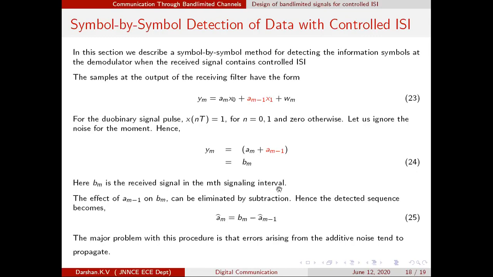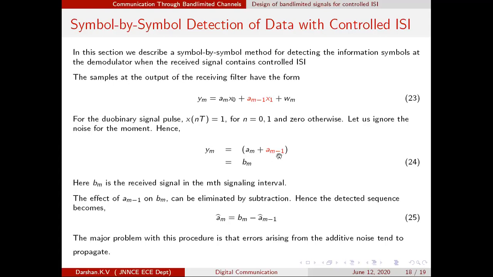If you are observing the output at the mth instant, what are you supposed to get? That is called bm. If you observe the output at the mth instant, along with the desired symbol, you are getting the previous symbol.